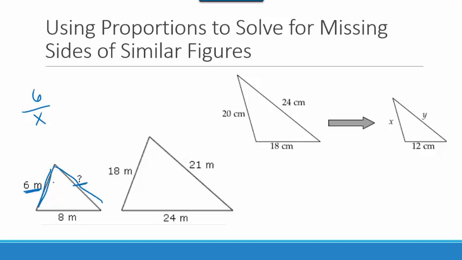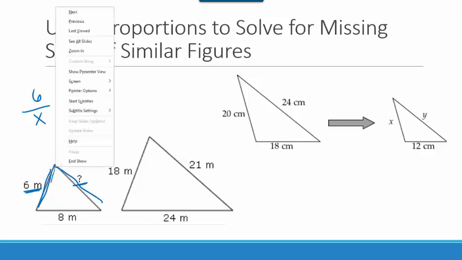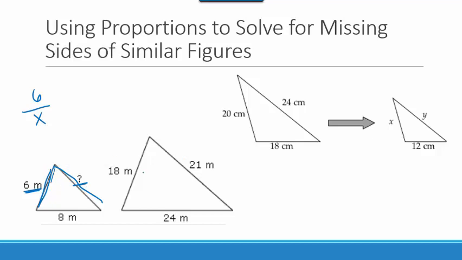Now, what I mean by making sure you're choosing the right side: if I choose 6 on this side first, I have to choose that corresponding side on my larger triangle to be the numerator of my new ratio. And then my question mark came second, so then 21 would come second for the second part of my ratio. Cross multiplying, we would get that x is equal to 7 meters.